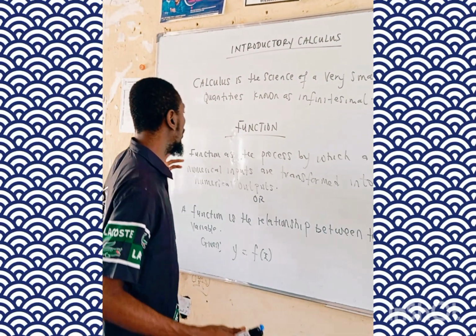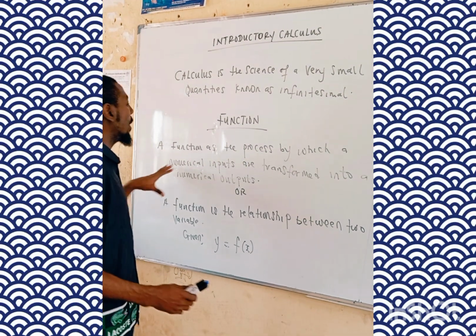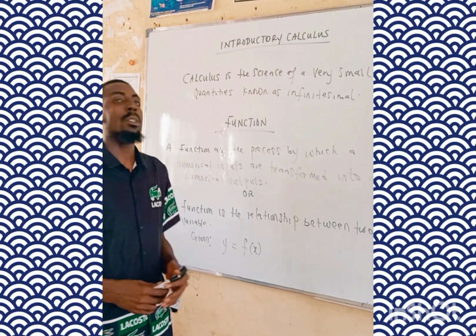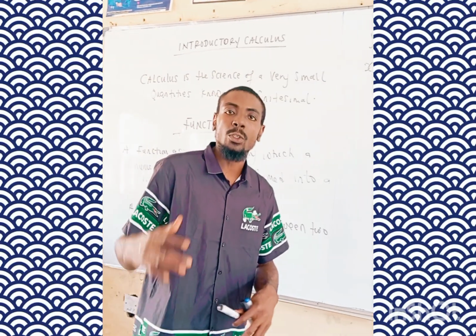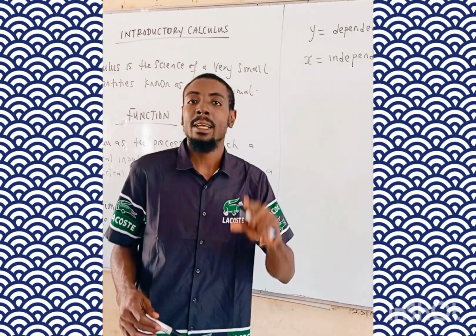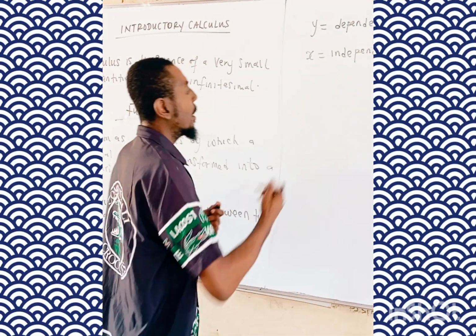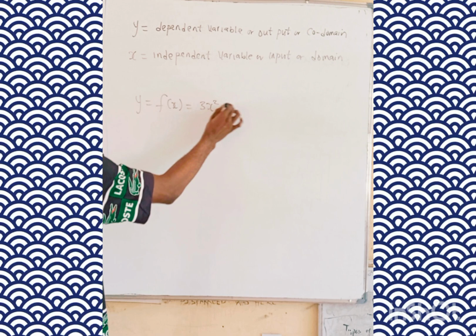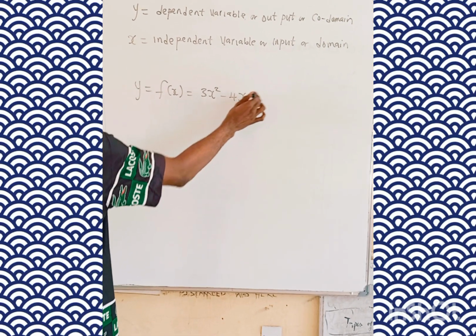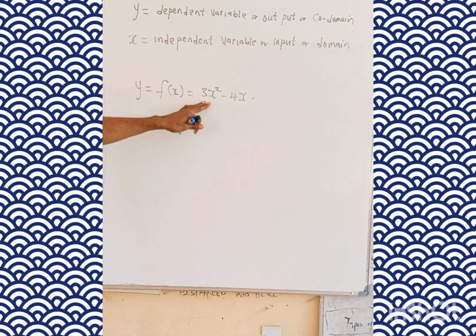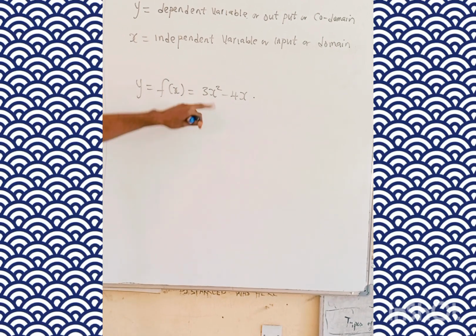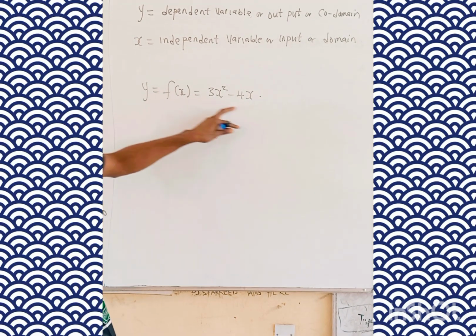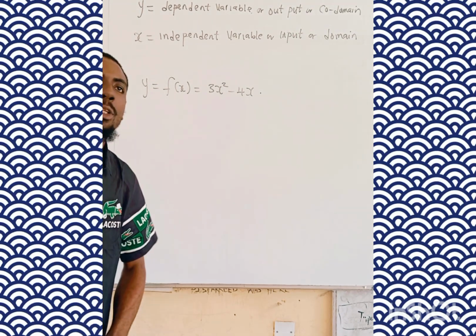So we define function in two different dimensions: as a process by which a numerical input is transformed into a numerical output, where a numerical input is a number and a numerical output is another number. Given that y is a function of x and it is equal to 3x squared minus 4x, we can see this function as the relationship between y and x, and also as the process by which an input is transformed into an output.